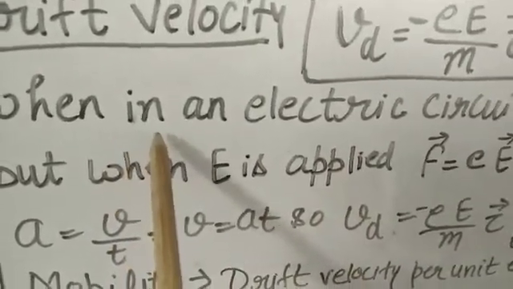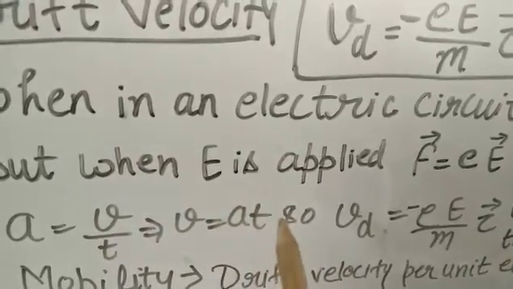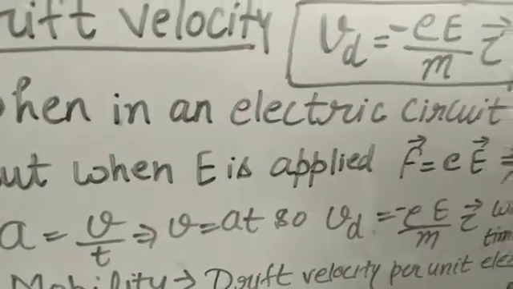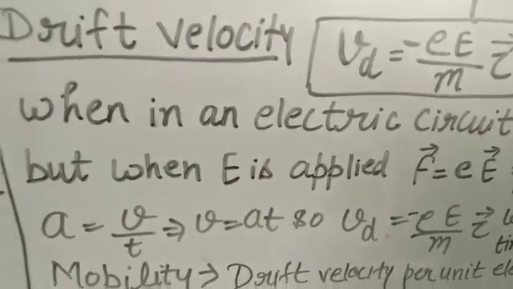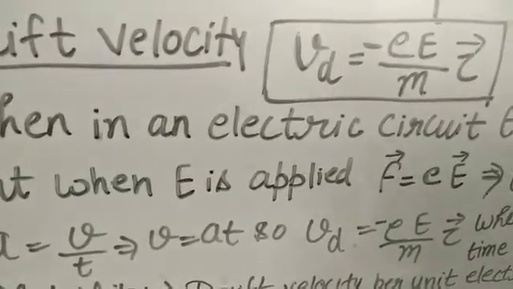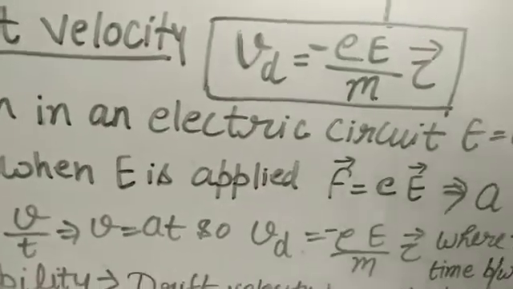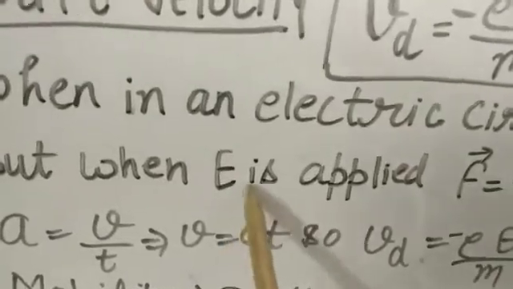Suppose I am taking a conductor and no electric field is applied. There are some electrons that are randomly moving, so the net current is 0. Why is the net current 0? Because the total drift velocity is 0, since no linear movement of electrons is possible without a potential difference.